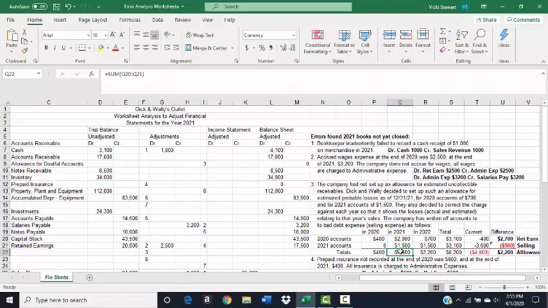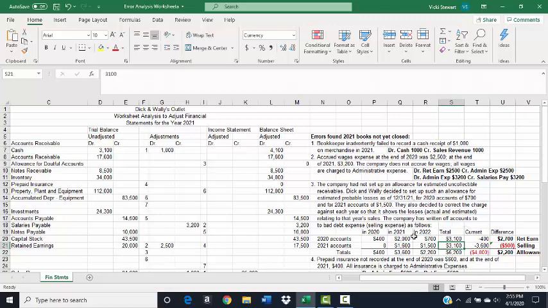Now, what should we have had in selling expense this year? Well, we should have had the $1,600 that we wrote off, and we should also have an additional $1,500 for the amount that we anticipate or estimate writing off next year. So this year we actually should have debited selling expense for $3,100 and credited the allowance account for $3,100.